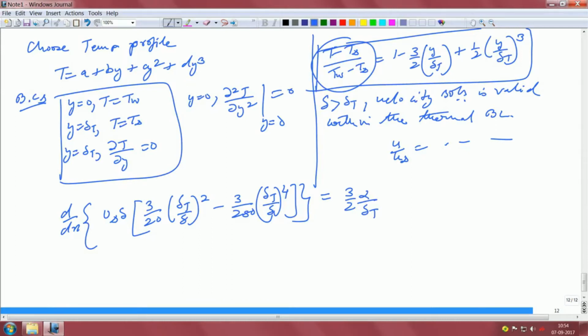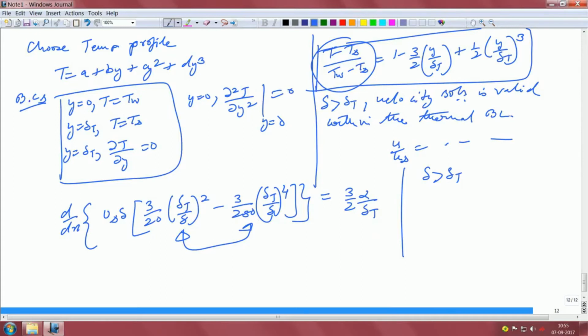Now, of course, here there is a problem because we have now two variables, delta t and delta, to make things a little bit more dicey. So, in order to avoid that, we already know that delta is greater than delta t. So, it is very natural if you compare these two expressions, which is delta t by delta, we know that the fourth order term will be much lower than this. This is 3 by 20, that is 3 by 280. So, there is a one order difference right there, and on top of that this is squared, this is to the power of 4. So, naturally there will be more such variations over there.